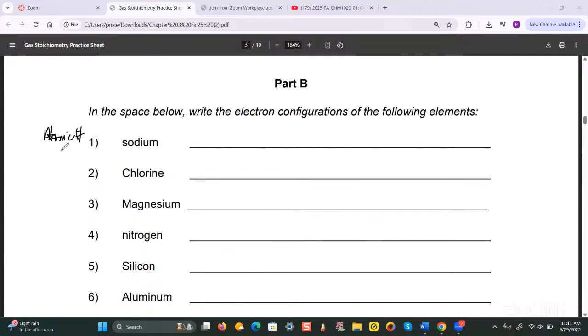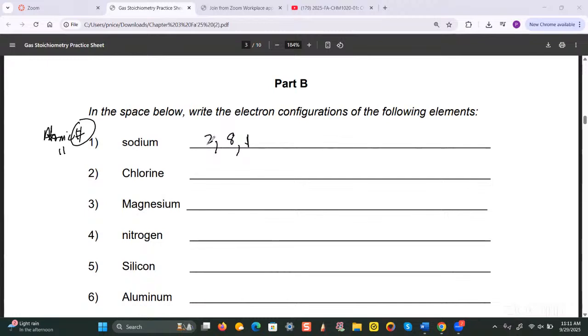So 11 would be for sodium. As we said before, the first shell can have a maximum of 2 electrons. And then the next shell will have a maximum of 8 electrons. And then finally, the third shell, because the total number of electrons will be 11, will have 1 electron. So that would be the electron configuration of sodium, right?